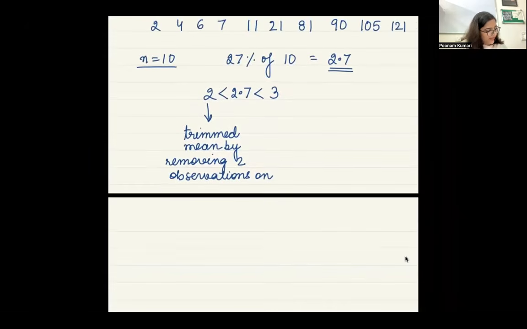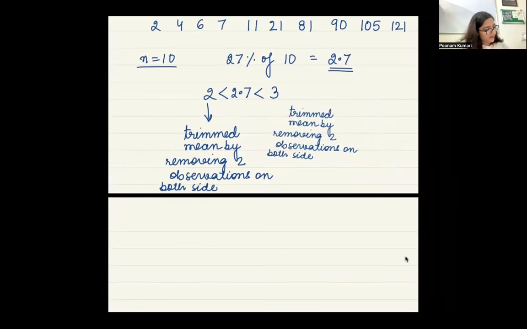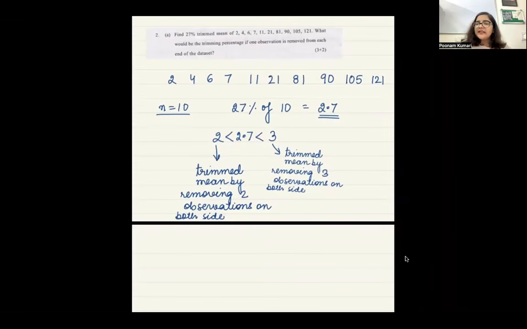Yes. And also you will find the trimmed mean by removing three observations on both sides. And then you will take a weighted average, which is 2 times alpha plus 3 times (1 minus alpha). That should give you 2.7.